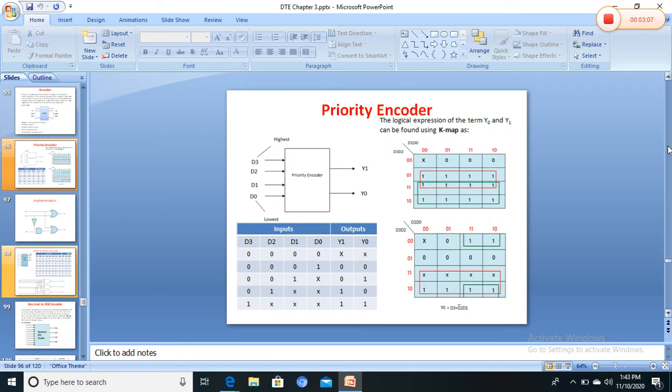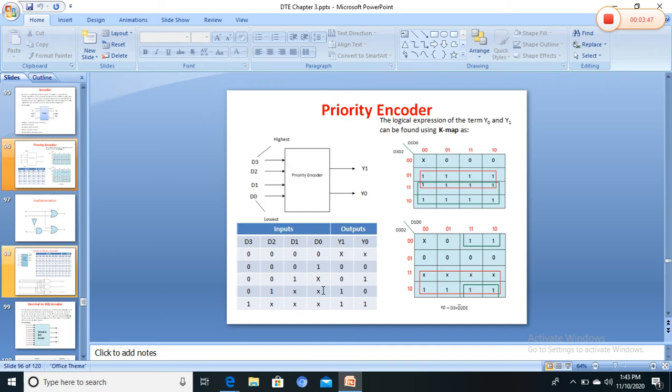Similarly, if D3 is 0 and D2 is 1, with D1 and D0 don't care, then the output is 1 0 irrespective of the other inputs. This means priorities are given to the input lines, and if two or more input lines are 1, the line with the highest priority will be considered.